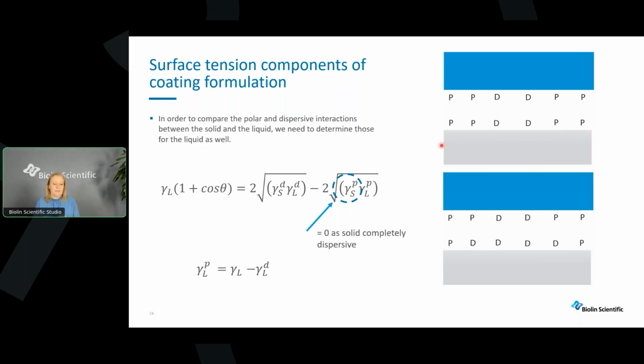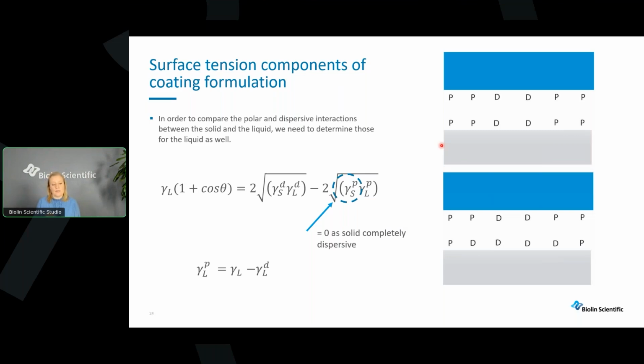So it is possible to go further than just looking at the surface free energy value and the surface tension value as one number. You can also match the polar and dispersive interactions of your solid and liquid, because in principle, if these polar and dispersive interactions match, then you have better wettability of the surface, because you have more interaction between the solid and the liquid.